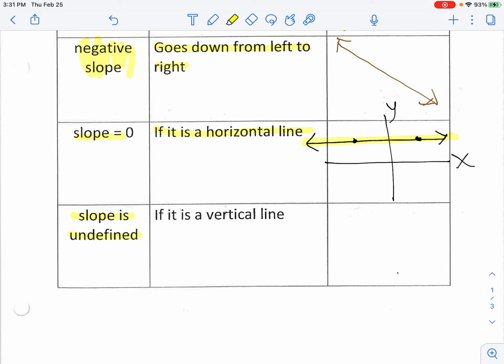Last definition, what if your slope is undefined? If it's undefined, that's going to be a vertical line. So x-axis, y-axis. So this time you might have a point at 4, 5, and you might have a point at 4, -3.